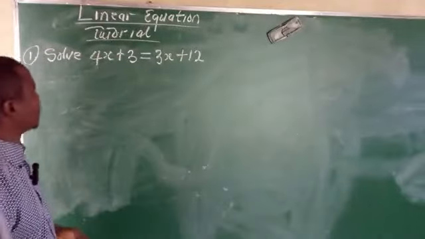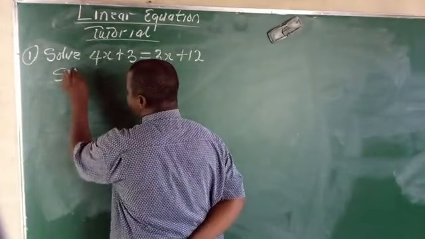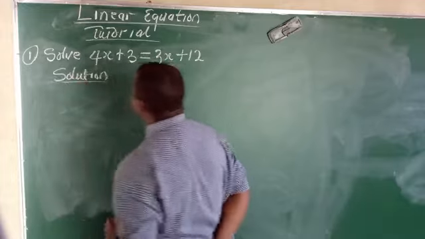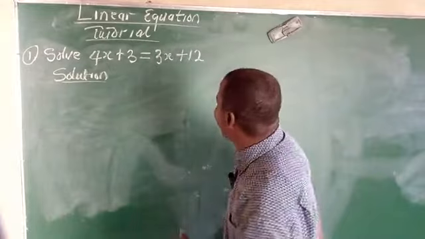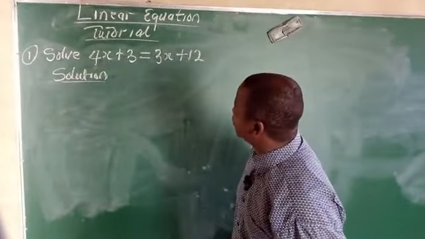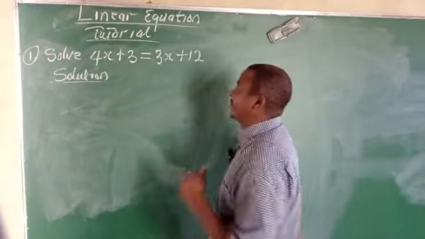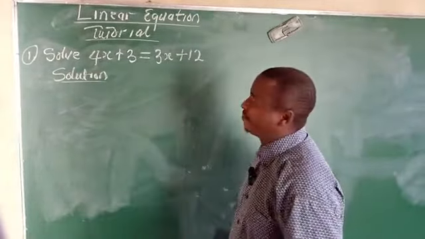So what do we do first? The solution. By looking at this, we are going to do what is called collecting like terms, or rearrangement.